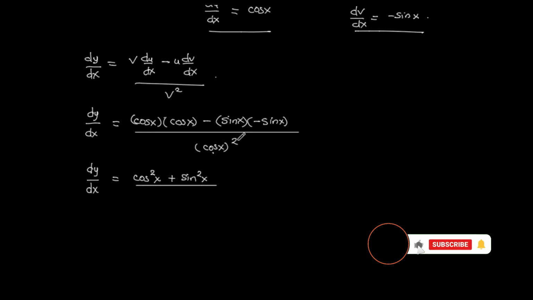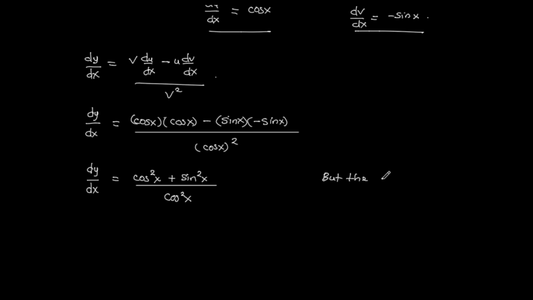And we know from the identity cos square x plus sine square x is equal to 1, meaning our numerator will simply vanish into 1.